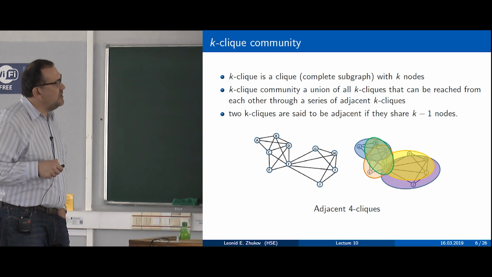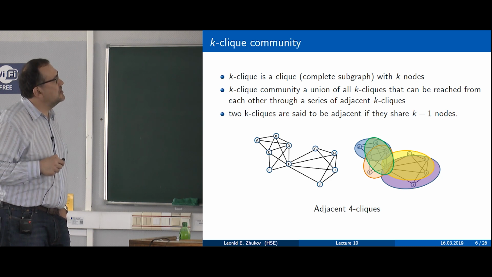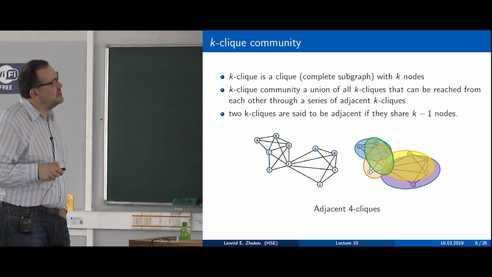Now, formally, how does this work? Well, it's going to be called k-clique community detection. So a k-clique community is a union of k-cliques that can be reached from each other through a series of adjacent cliques. And two cliques are adjacent if they share k-1 nodes.